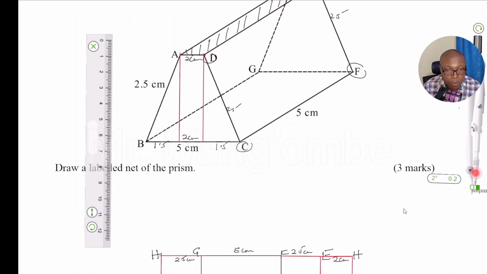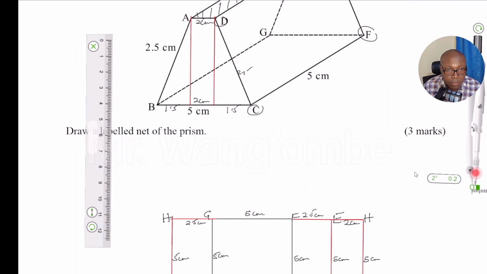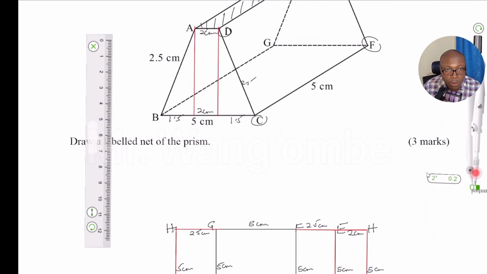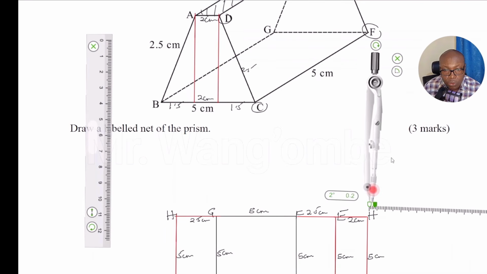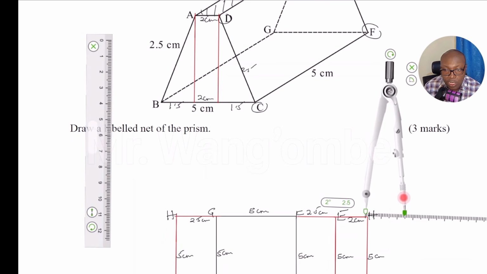The side where BC is, standing at B, we have a measurement of 2.5. Why are we taking 2.5? Because of BA. We are opening up that trapezium. So with my pair of compasses, you can see I already have 2.5.